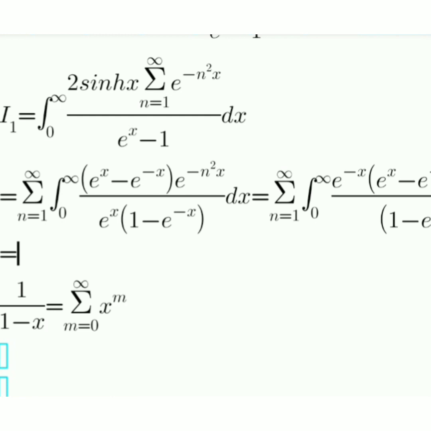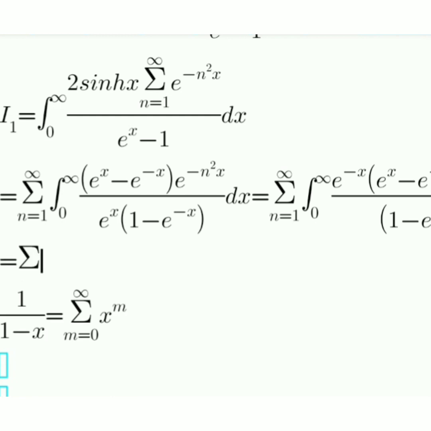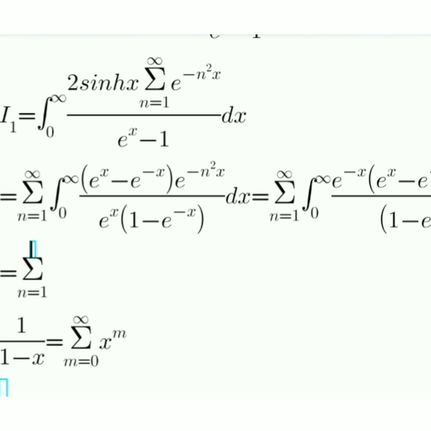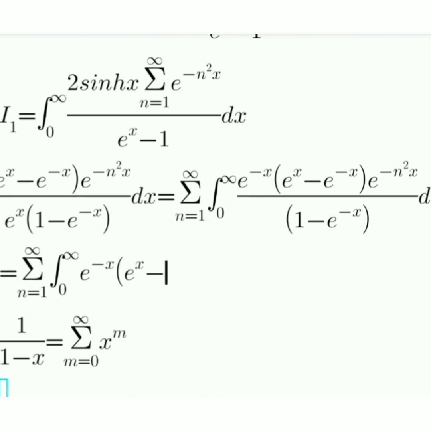So friends, I use this formula, so I can write summation n equals 1 to infinity and integration 0 to infinity of e to the power minus x and e to the power x minus e to the power minus x into e to the power minus n square x.